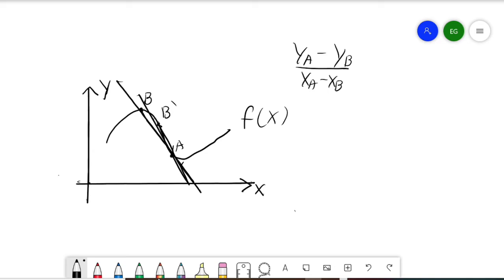And as B moves closer and closer, you can imagine that the line AB will approach the line tangent to A.